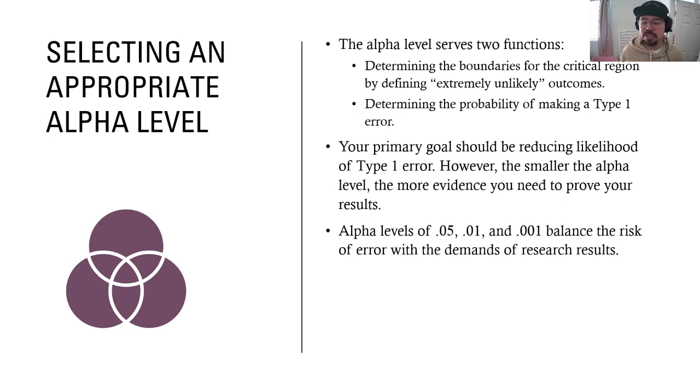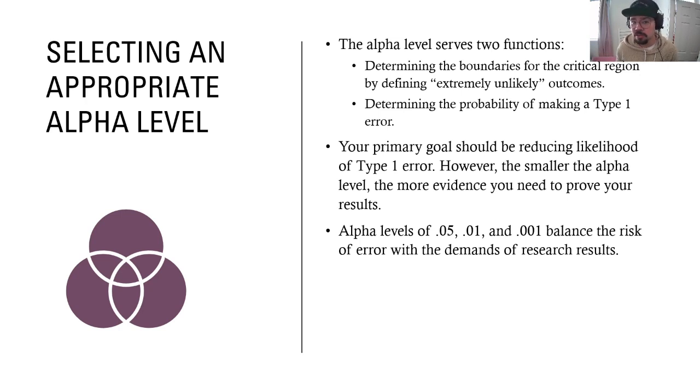Alpha levels of 0.05, 0.01, and 0.001 balance the risk of error with the demands of research results. In a previous example, I shared with you how if we're using 95% confidence, we have an alpha level of 0.05, that a sample mean of 2.15 was considered significant. But when we changed our alpha level to 0.01 and now our critical regions are at 2.58, then that same sample mean of 2.15 is no longer significant.